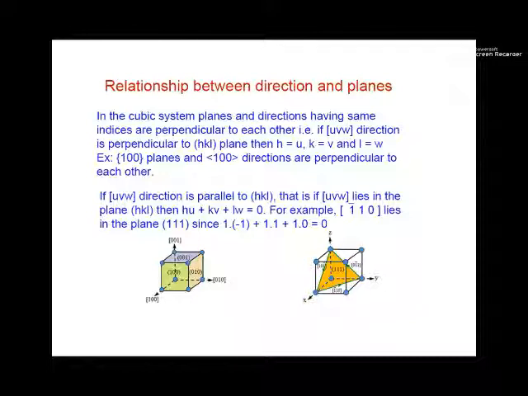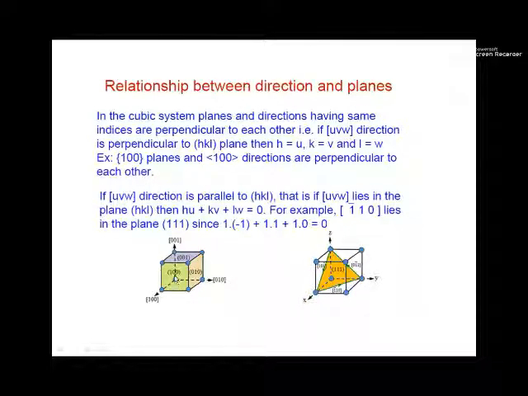Now if you choose this 1 0 0, this green plane, and you take the 1 0 0 direction, you see here that this plane intercepts the x-axis at one unit of the crystal parameter dimension, and it does not intercept the y and z axes at all.